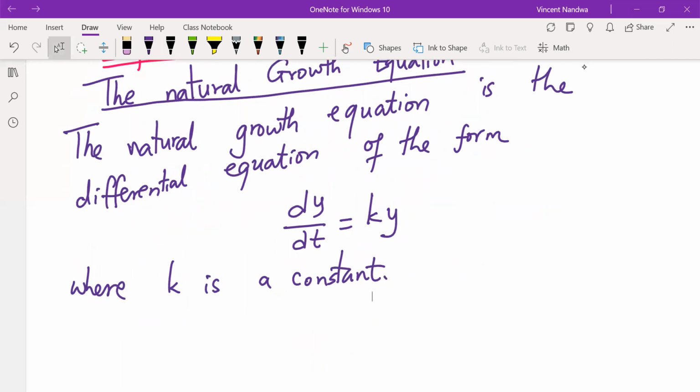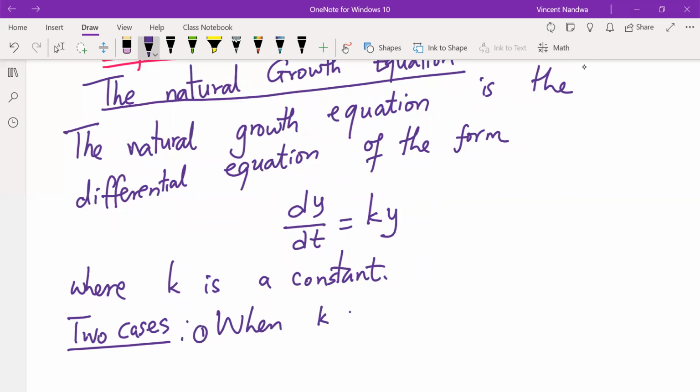So we have two cases. One, when k is positive, then we have an exponential growth.